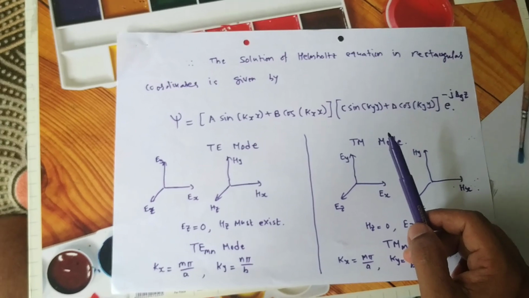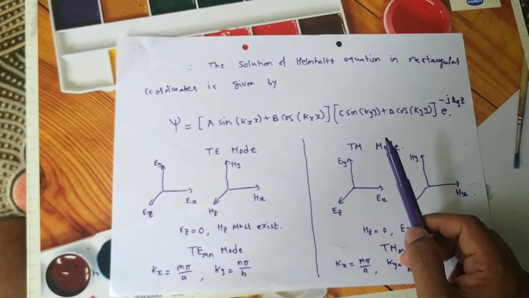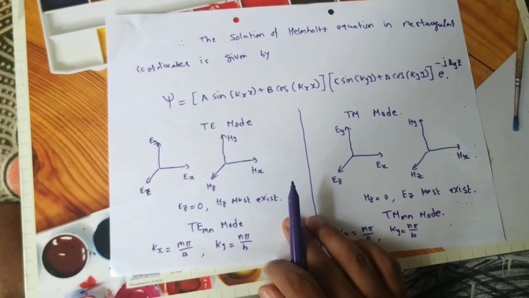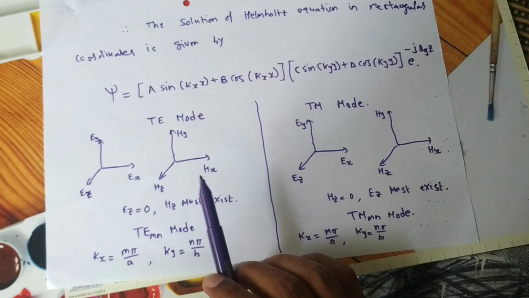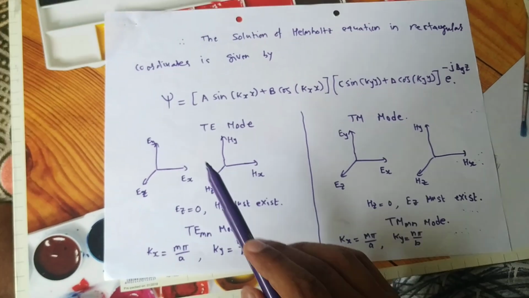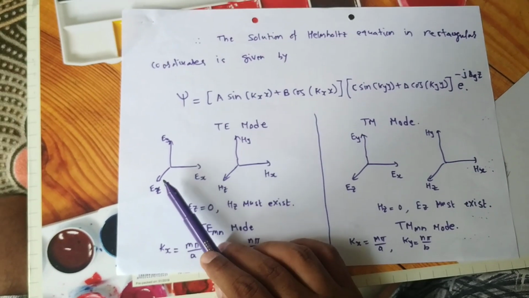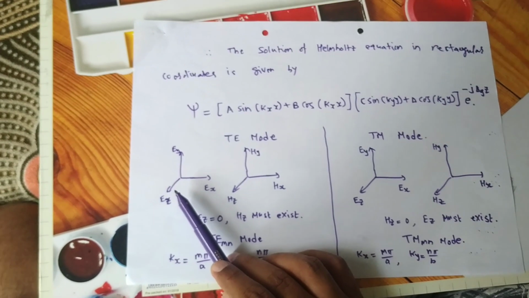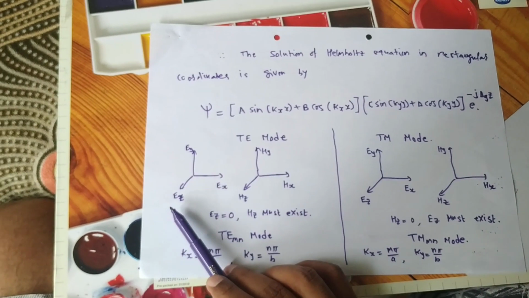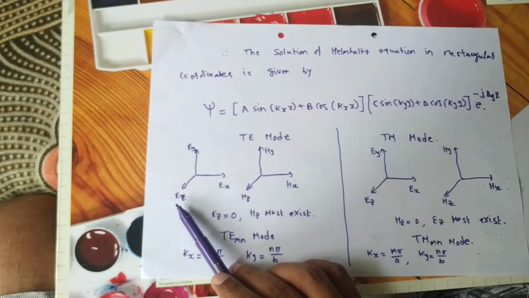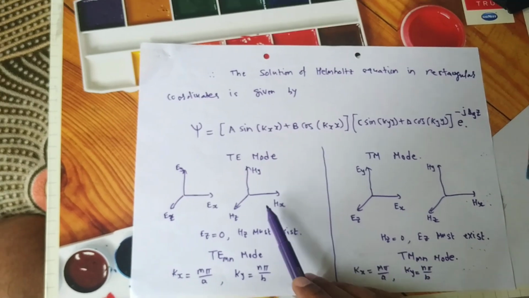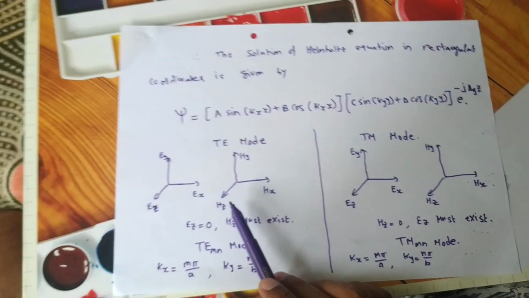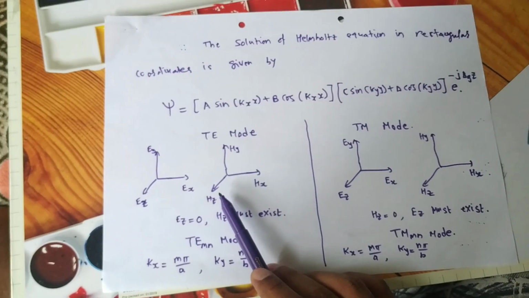So what are TE and TM modes? In the TE mode, out of the total 6 scalar quantities, Ez becomes 0 and Hz must exist, and that mode is considered as the TEmn mode.